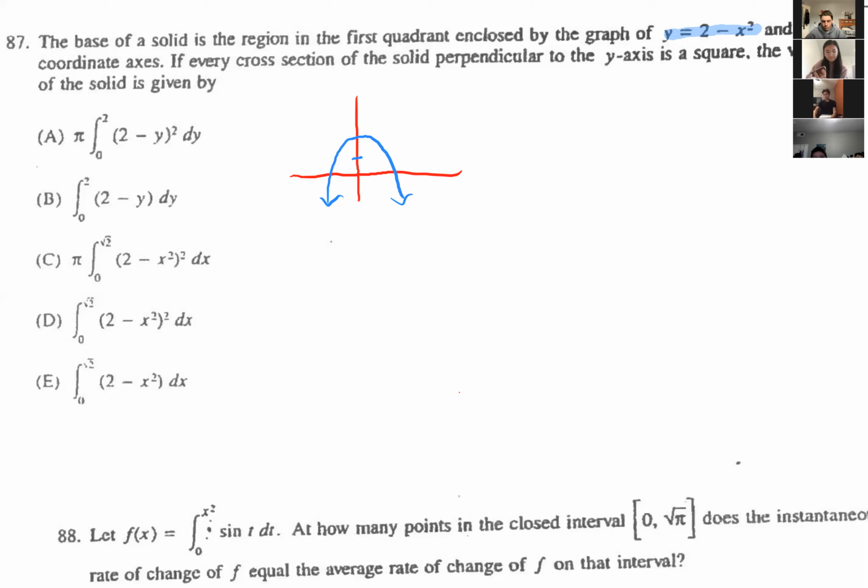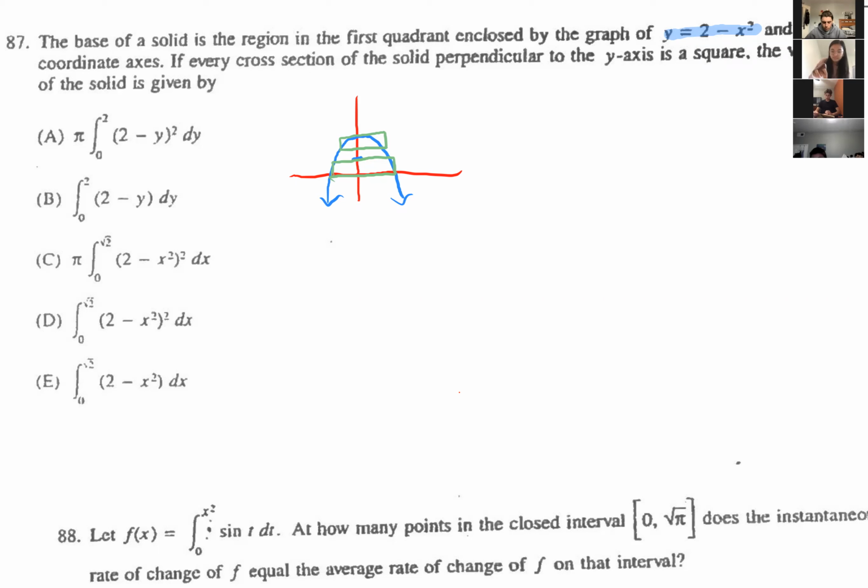It says, what are the shapes of the cross sections? Every cross section perpendicular to the y-axis is a square. So the square is perpendicular to the y-axis. It's not going to look like a square, but it's coming off the graph. This is in 3 dimensions, so you have infinitely many squares here, and we're going to integrate along the y-axis.